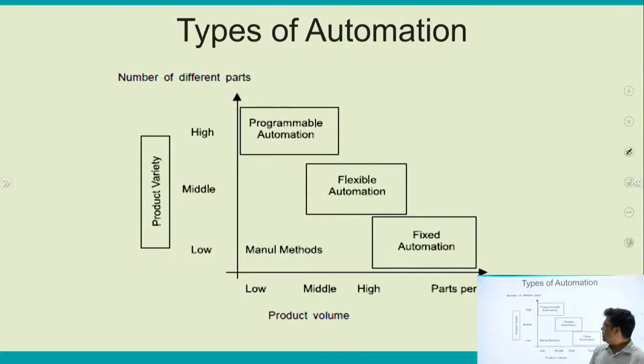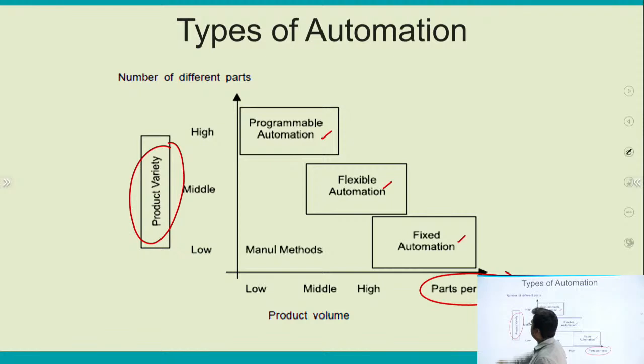Now if we summarize the types of automation, programmable, flexible and fixed automation, you can see this is analyzed with the parts per year with respect to the product variety.